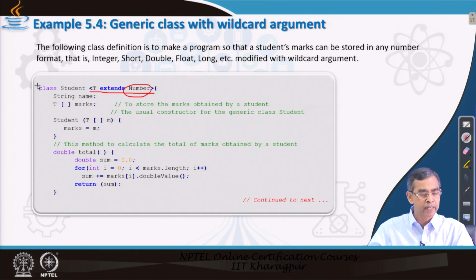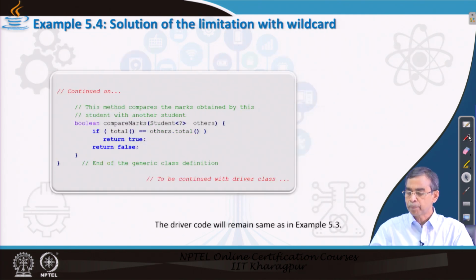So, this part is fine, there is no problem. The only modification or remedy correction required is in compare marks, because compare marks was facing the problem. Here is compare marks, and you can see we have defined it in a different way. Earlier it was Student T others. Basically, others is a type of Student class.